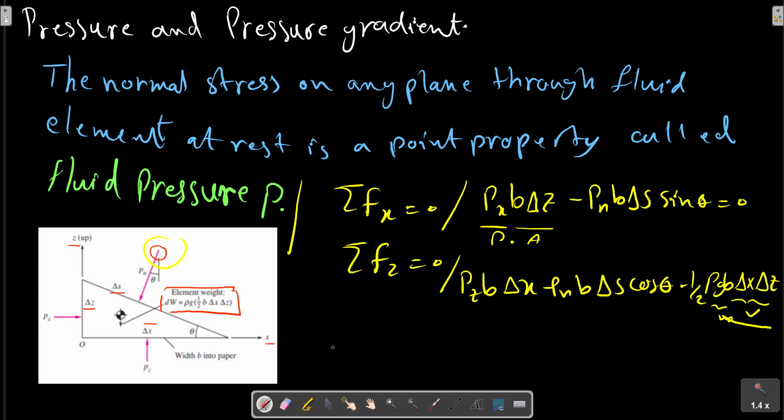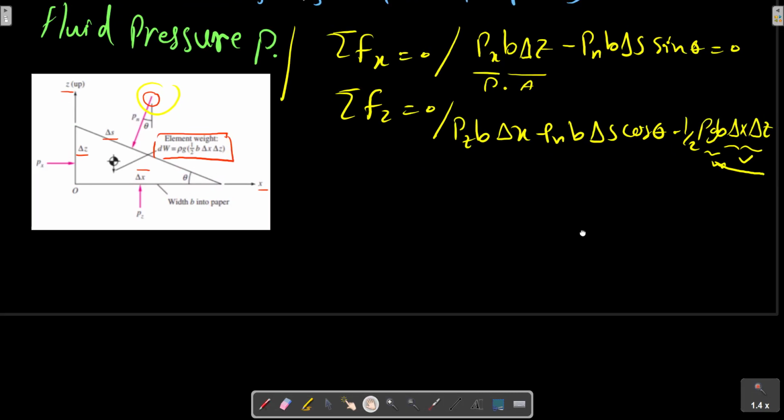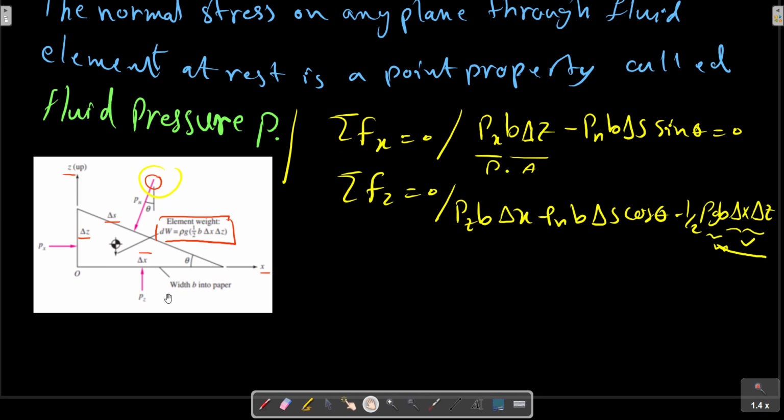If we simplify this relation, we have delta s sine theta equals delta z and delta s cosine theta equals delta x.